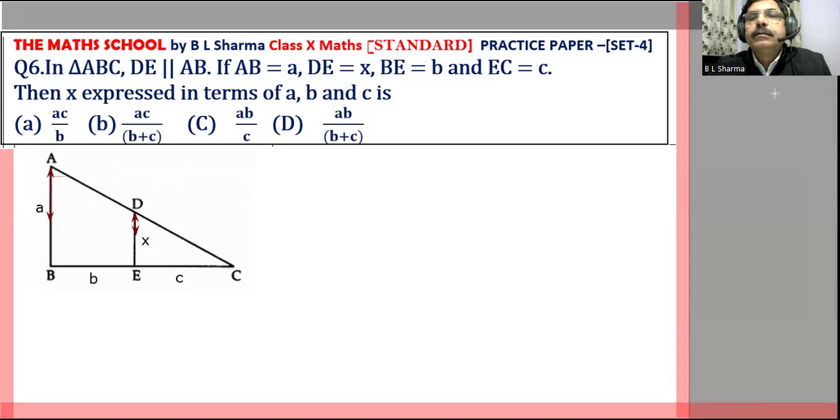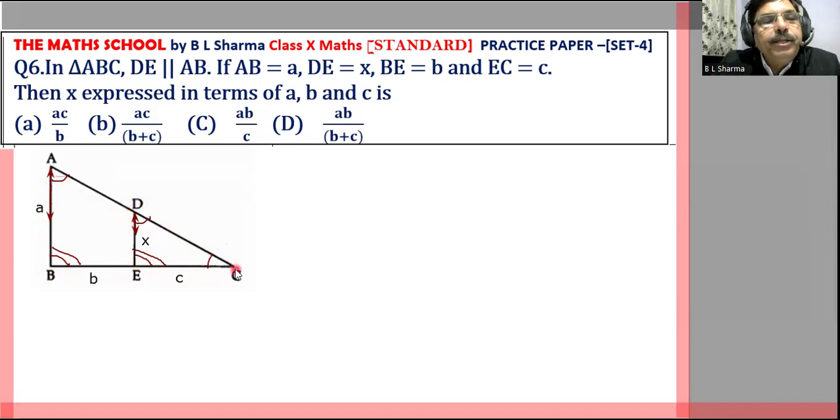This angle is equal to this angle, corresponding angle, and this angle is equal to this angle, corresponding angles, and this angle is common. That is why we can say that triangle ABC is similar to triangle DEC.